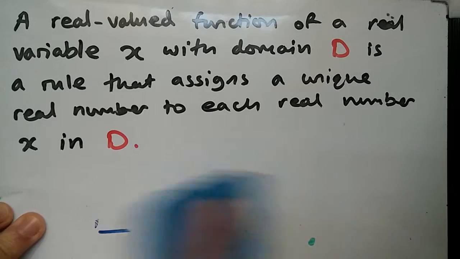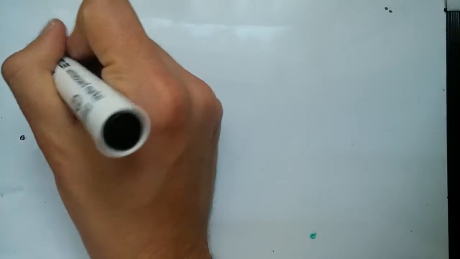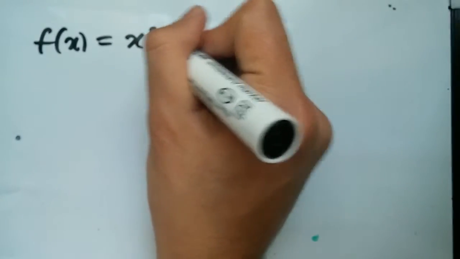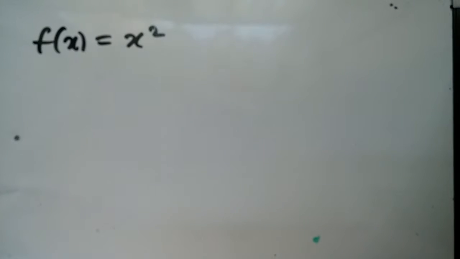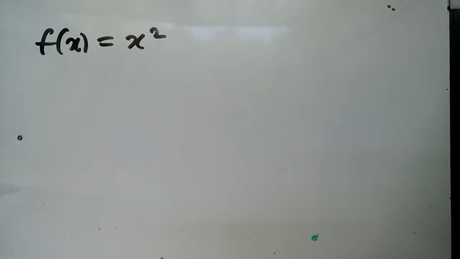Okay, so let's look at an example, which I think is very useful. Let's stick with the most basic one. Suppose you have a function described by x squared. What values can x take here? x can actually take all possible values.